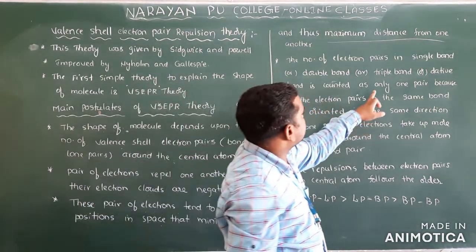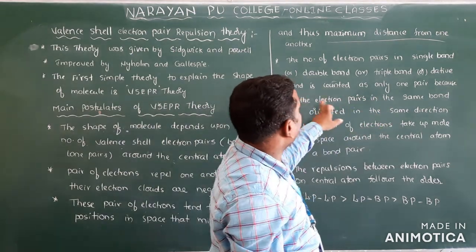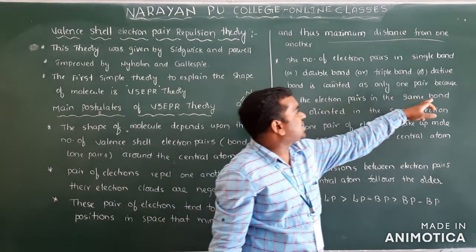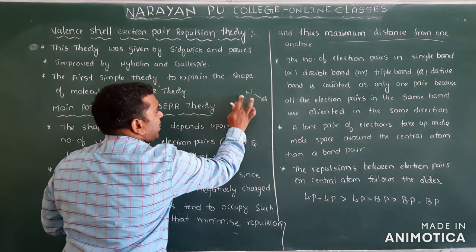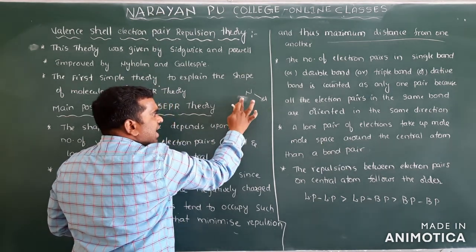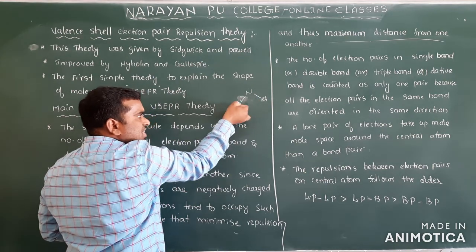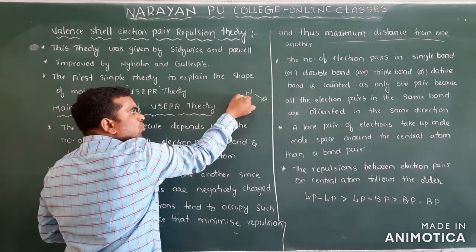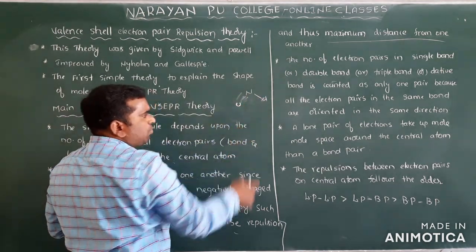Why? Because all the electron pairs in the same bond are oriented in the same direction only. If it has 2 bond pairs or 3 bond pairs, they are oriented in the same direction only. That is nitrogen and oxygen, in the same direction. So whether 2 bonds or 3 bonds are there, it doesn't matter. We will consider that as 1 bond pair only.